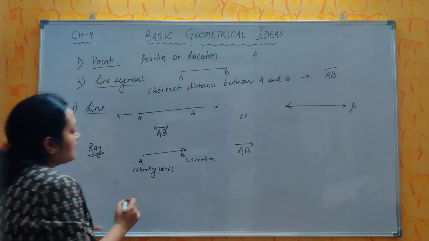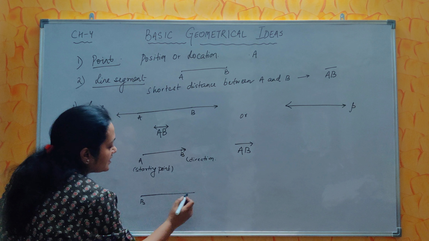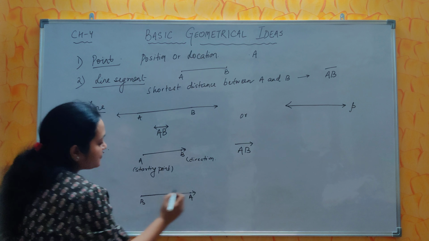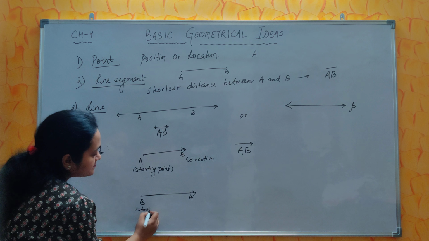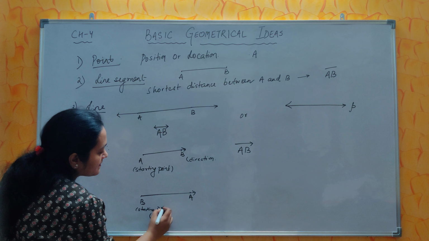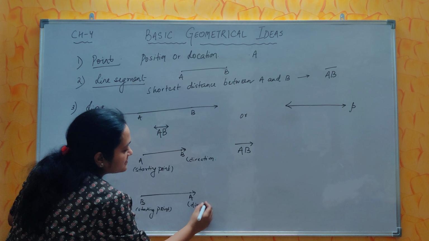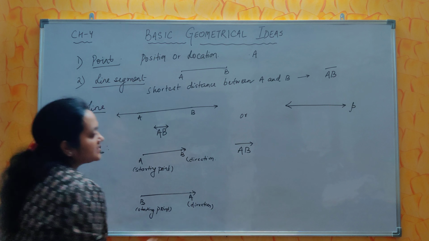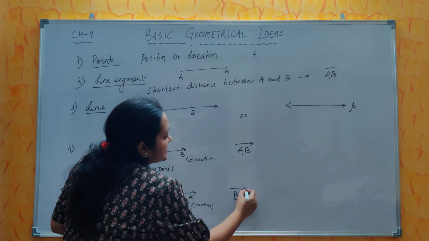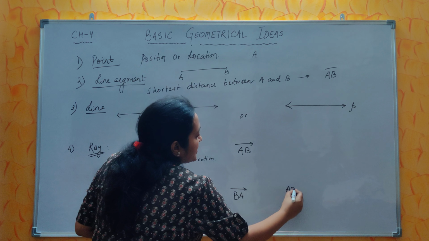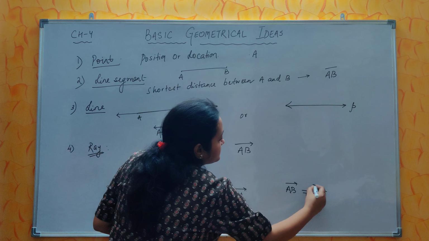What about the ray BA? In case of ray BA, B will be the starting point and A will tell you the direction. So it will be represented by this. That is the reason ray AB is different from ray BA.